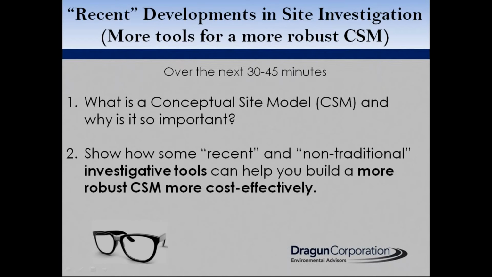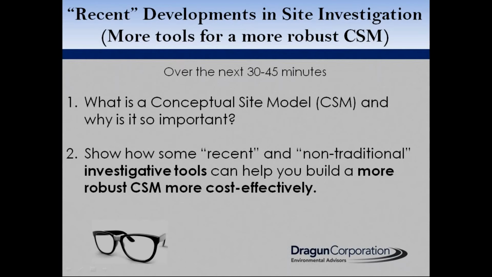So what is a conceptual site model? That's one of the things we're going to talk about over the next 30 to 45 minutes. Why is it important? And we're going to focus on some of the recent and non-traditional tools that can be used to build a more robust conceptual site model more cost effectively.